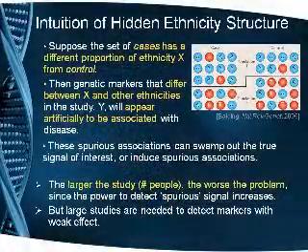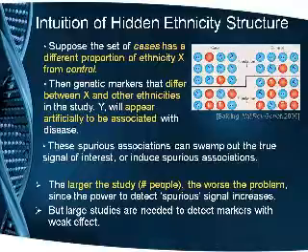Just to give you a bit of intuition as to how that can happen, this is an example from Nature Reviews Genetics where each circle is a person, separated by case and control, and also separated by population 1 and population 2. What you see is that population 1 has more A's than T's, and population 2 has more T's than A's.